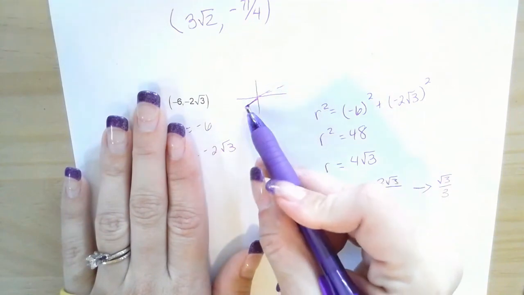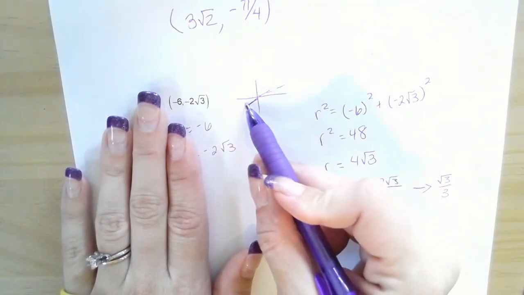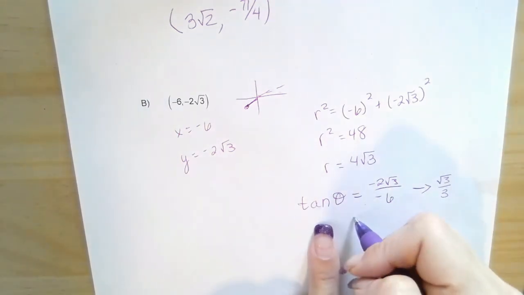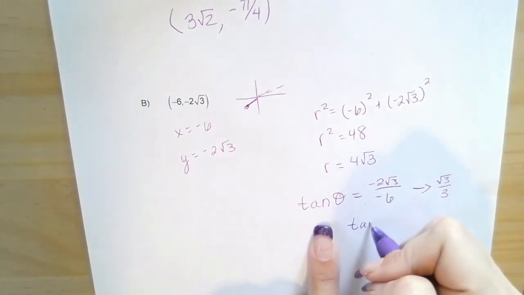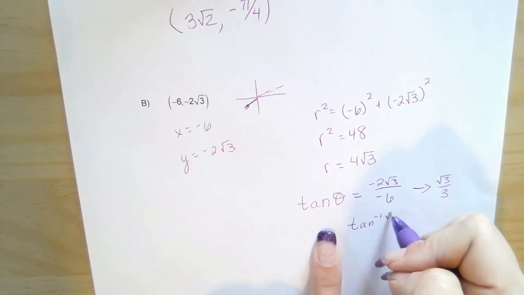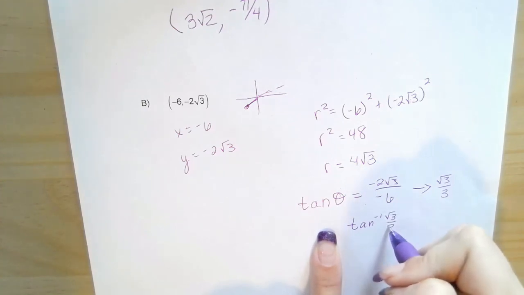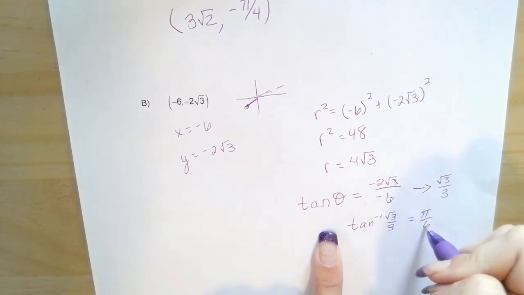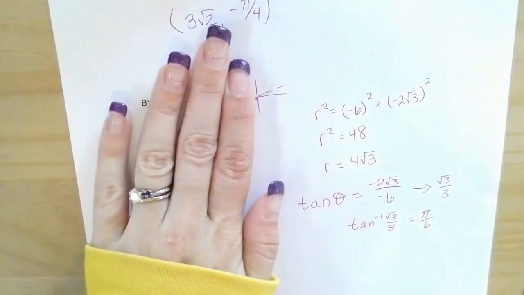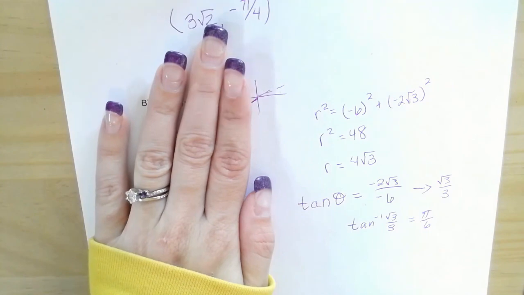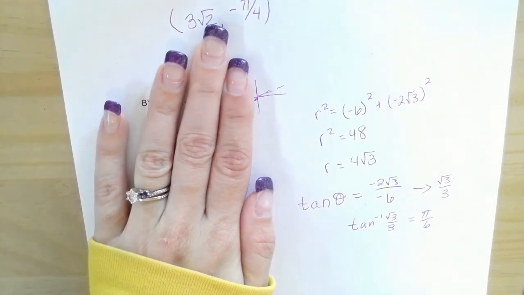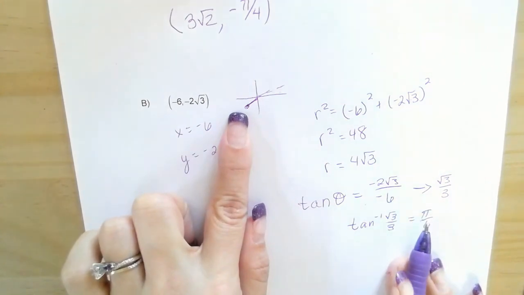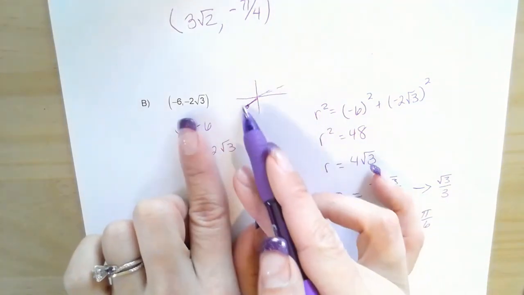So what do I have to do to pi over 6? I have to add a whole pi onto it. Okay, because think of this, the inverse tangent, so I'll write this down so you can see it. The inverse tangent of square root of 3 over 3 equals pi over 6. Okay, because it can't be in the second or third quadrant. But because we want to be in the third quadrant, I have to move this to the third quadrant by doing what to it?